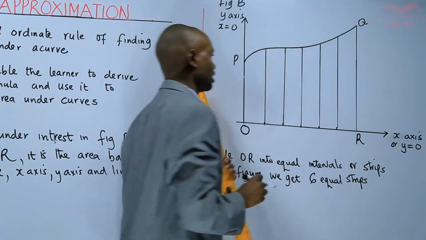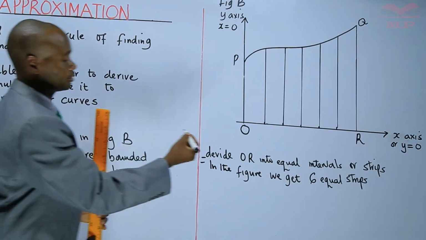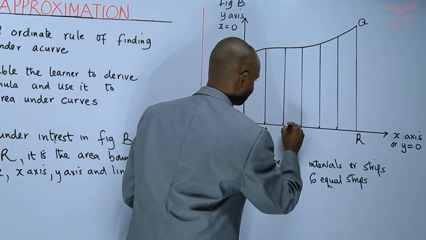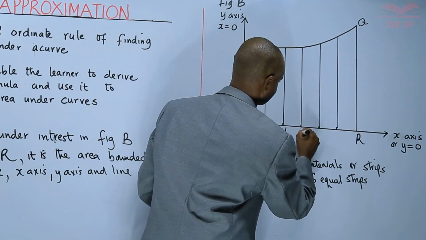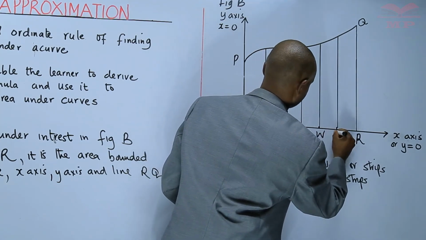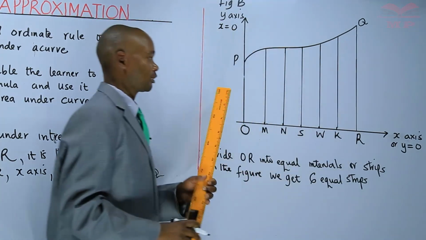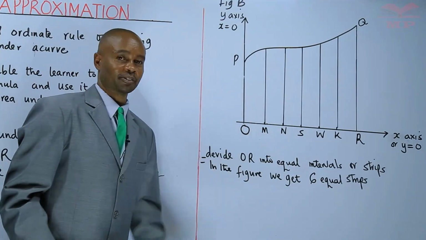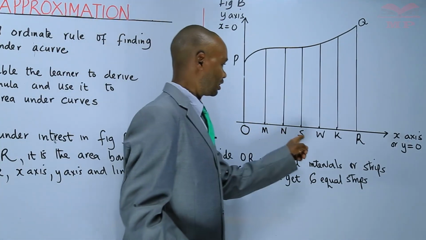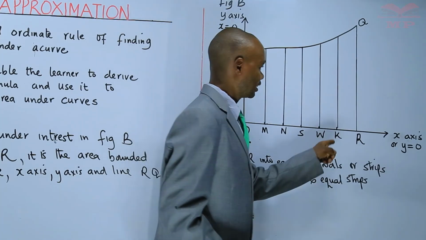So after getting that, I can decide to give these names: M, N, S, W, K. So I have strip OM, strip MN, strip NS, SW, WK, KR.